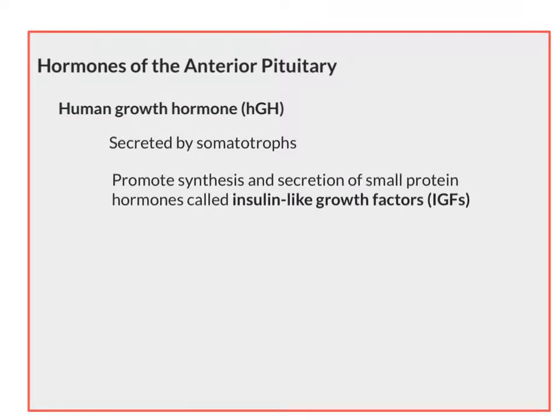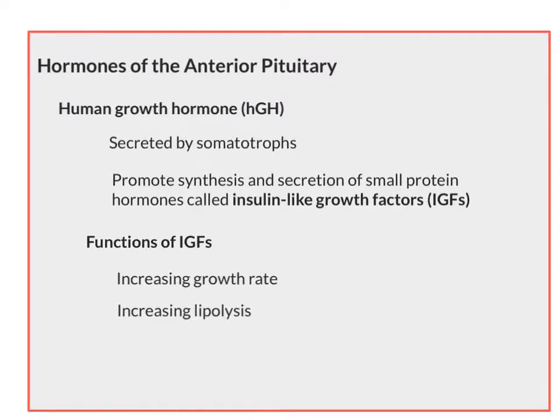The different functions of IGFs include increasing growth rate, increasing lipolysis, and elevating blood glucose. They are so named because some of their actions are very similar to those of insulin. The hypothalamic hormones that control the secretion of HGH include growth hormone releasing hormone and growth hormone inhibiting hormone.